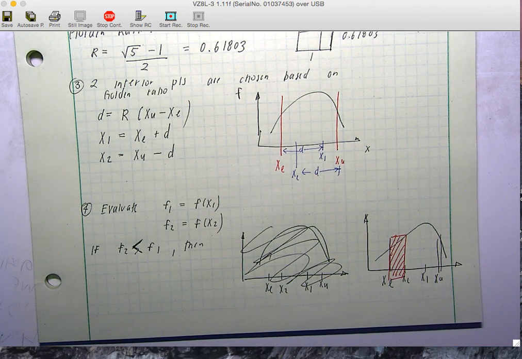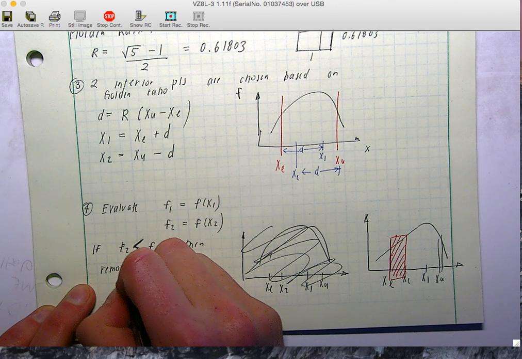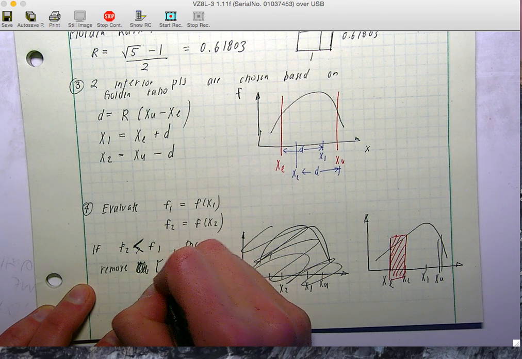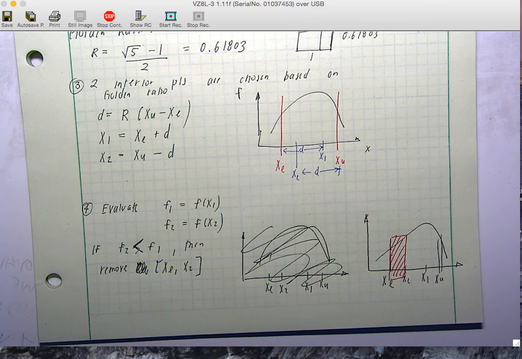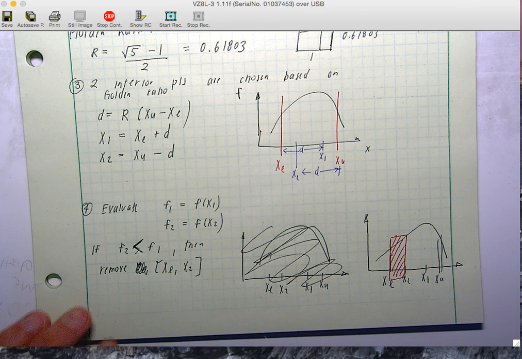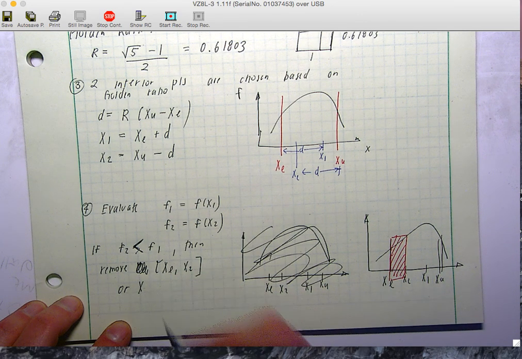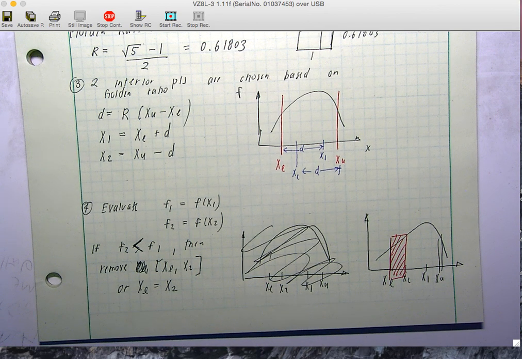If you know that f1 is greater than f2. And that's the same thing when you're writing the code as just replacing the lower bound with x2. And now your new x lower bound is going to just be this x2 value.